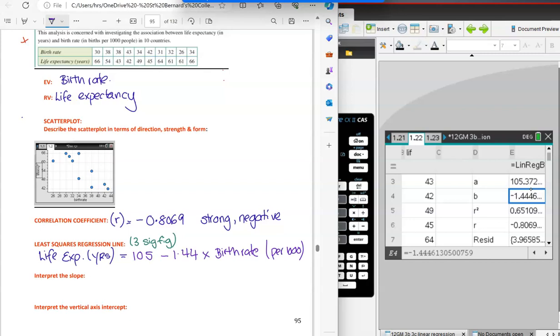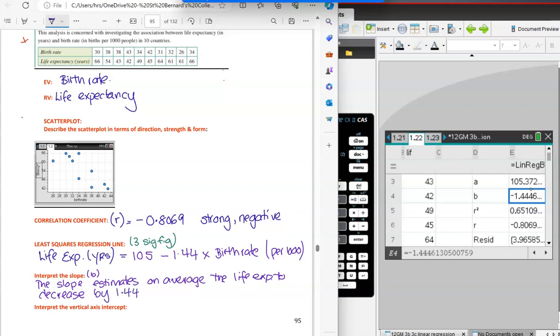Now the next thing, it asks us to interpret the slope. So using your little templates that you had yesterday that I showed you, this one's a negative. So if I go to interpret the slope, remember that's the B value. So the slope estimates on average the RV, so the life expectancy, to decrease by, now I just have to write 1.44.